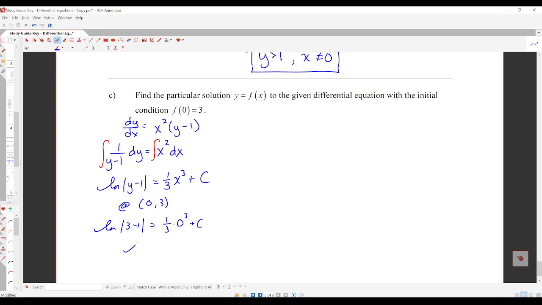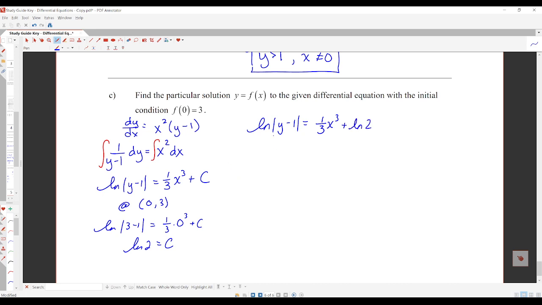The left side reduces to the ln of 2. The right side, everything zeroes out in that first term, so we get c is equal to the ln of 2. So our function now becomes the ln of the absolute value of y minus 1 is equal to 1/3 x cubed plus the ln of 2.